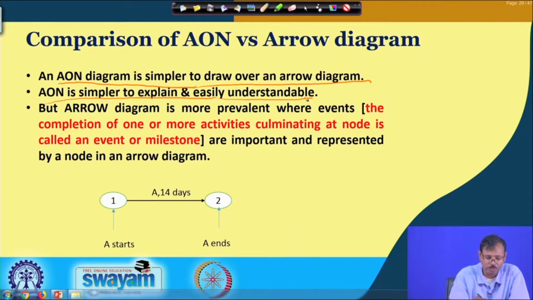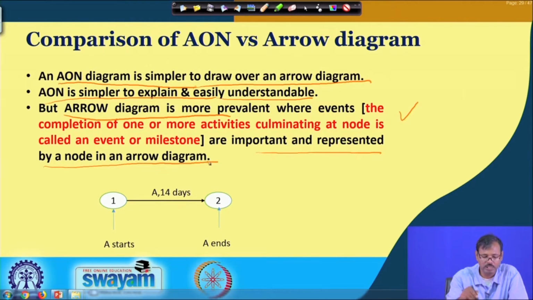But the benefit the arrow diagram has is while we are carrying out computerized analysis for the complete network, especially for optimization, where we go for frequent changing of the costing and time scheduling part for the critical path method analysis and for the program evaluation review technique analysis, the arrow diagram is much better, because they represent by a node in an arrow diagram, and that is why it takes a long time in a computerized system.